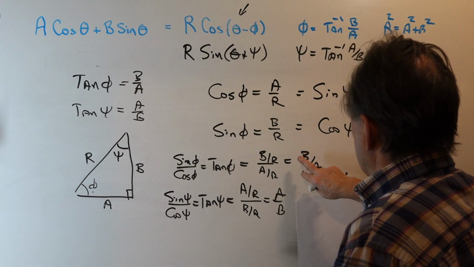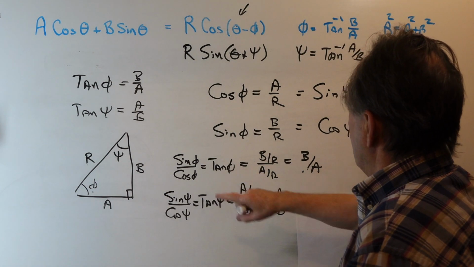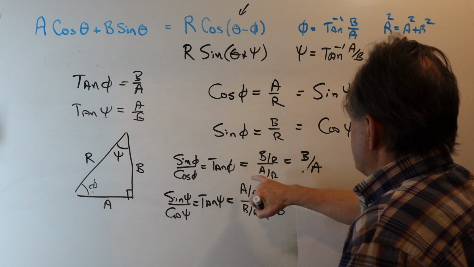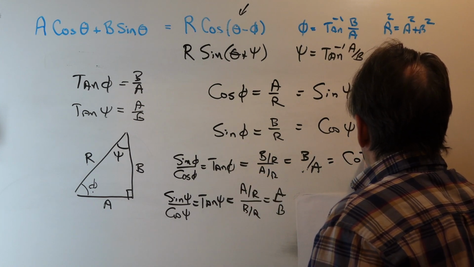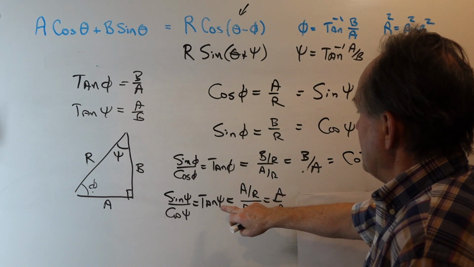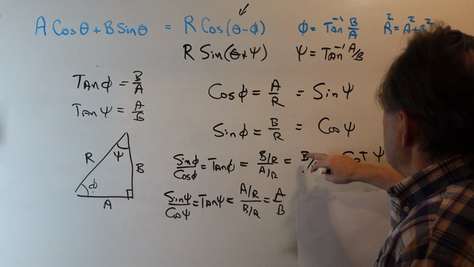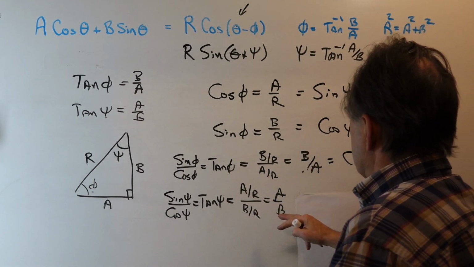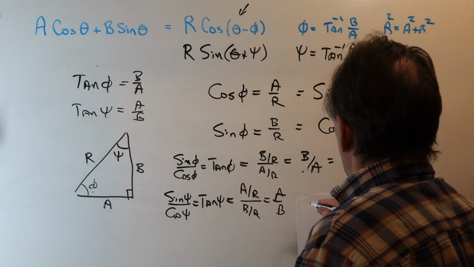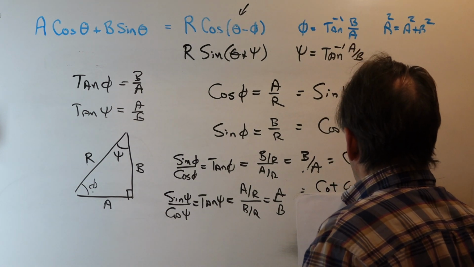So this will be the cotangent of phi, because if the tangent of psi is A over B, then B over A is the cofunction of psi, and likewise the tangent of psi will be the cotangent of phi.